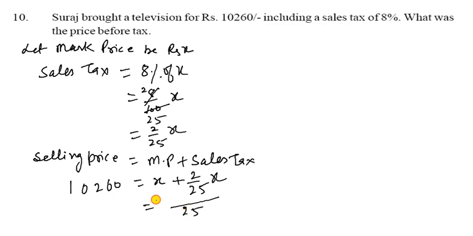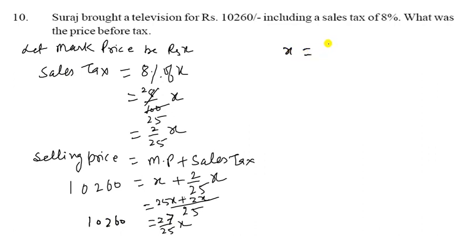Now taking the LCM, it is 25, and it is 25 of X plus X, so it will give 26 upon 25 of X, no, it is 2X. You have to see here, this one is your 2X, so you have to write 2X, so it will be 27, not 26. So you can write here 27. Yes, so it is 10260.